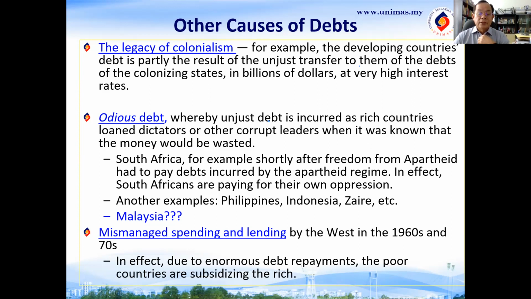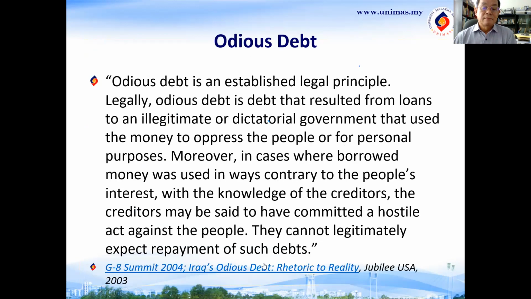So in effect, due to the enormous debt repayments, the poor countries are actually subsidizing the rich. Through the payments of the loans, poor countries are subsidizing and enriching the rich countries, in other words.